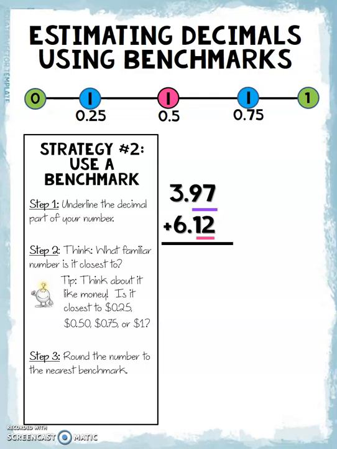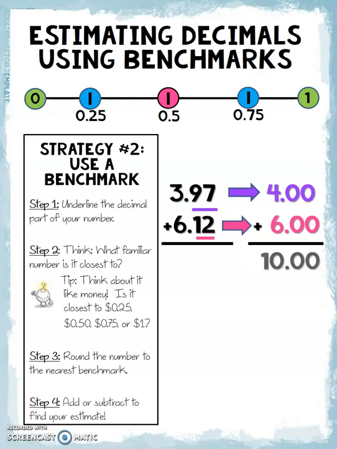So 3 and 97 hundredths, or if you think about it like $3.97, is really close to the next whole number. So I would round that up to 4. And 6 and 12 hundredths is pretty much in the middle of $6 and $6.25, but the 12 is going to actually have us round down. So I would round that number down to 6, which means my estimate would be about 10.